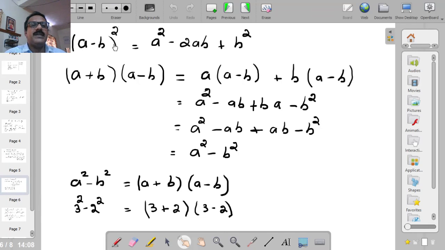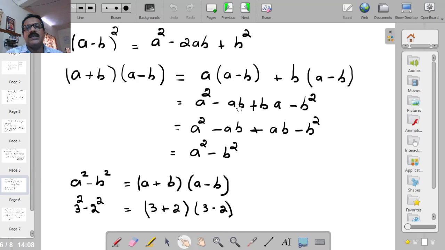Similarly, a minus b the whole squared is equal to a squared minus 2ab plus b squared. Now consider a plus b times a minus b. In the same way we multiply: a times a minus b plus b times a minus b.